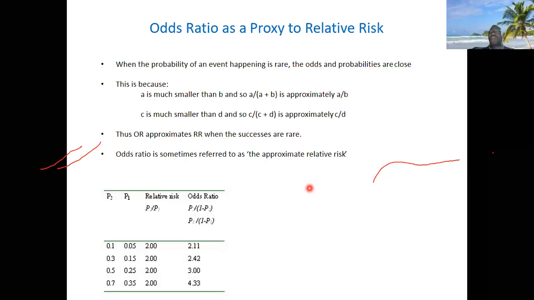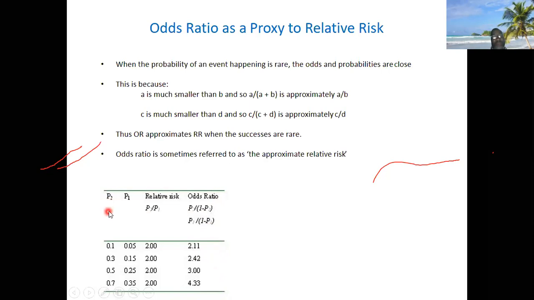The ones you have seen, look for controls for them. At the end of the day, the answer will not be too far, because when the disease is rare, the relative risk for a cohort study will be approximately close to the odds ratio you calculate for a case control study.